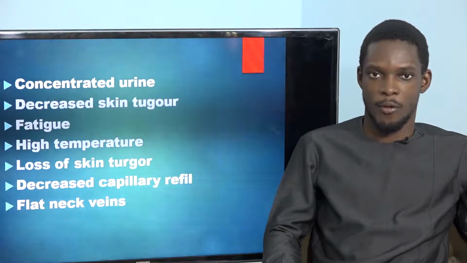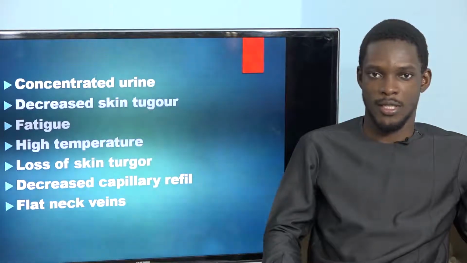And therefore, when the client has deficits, the body will begin to shut down blood supply to non-essential places, and non-essential places mainly constitute the peripheries. And decreased blood flow to these peripheries may result in low amount of fluid in these peripheries and therefore decrease or loss of skin turgor.